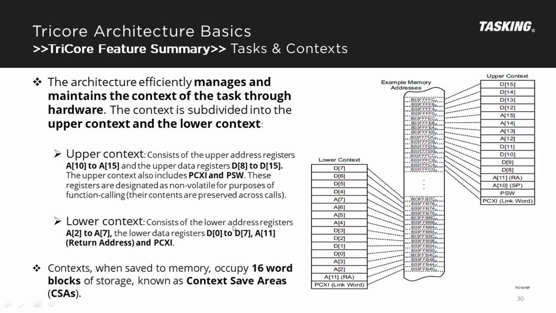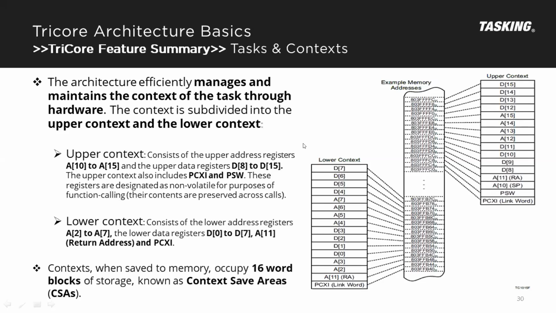The lower context contains A2 to A7, and the data registers D0 to D7, and A11, which holds the return address, and PCXI again, which here is called the link word. For either the lower or the upper context, they occupy a 16-word block.